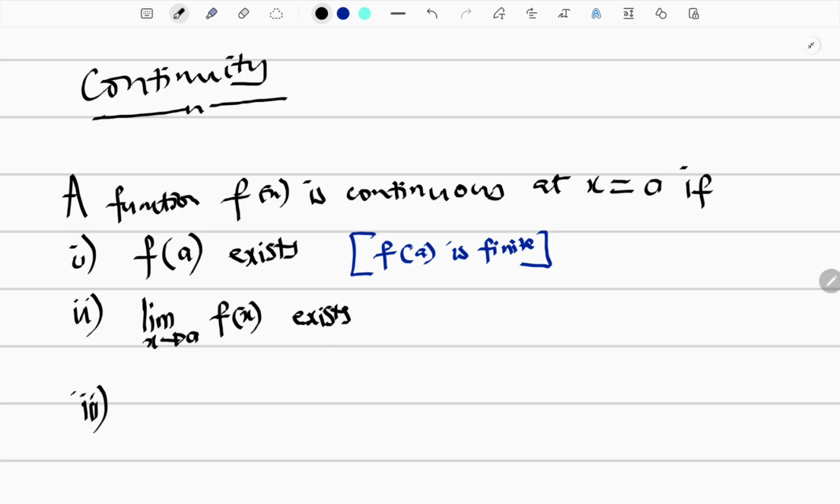So existence of this limit only happens if and only if the limit as x approaches a from the negative side of f of x is equal to the limit as x approaches a from the positive side of f of x. Right, that's the existence of that limit.